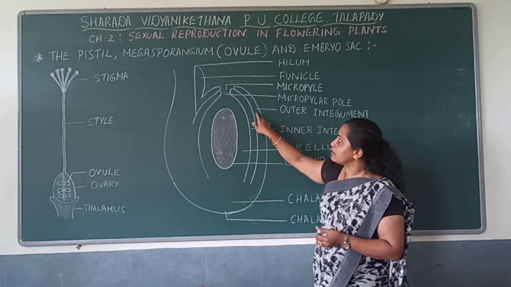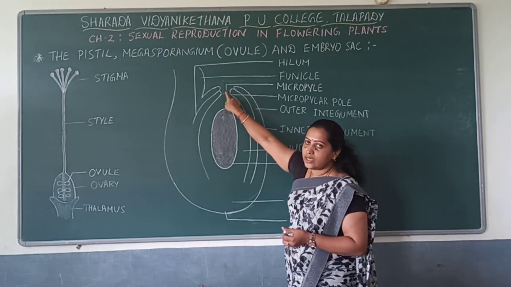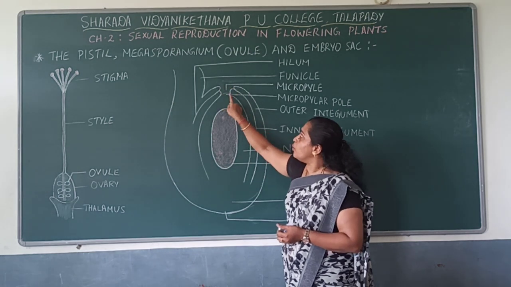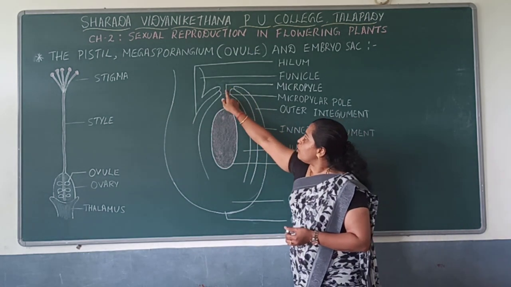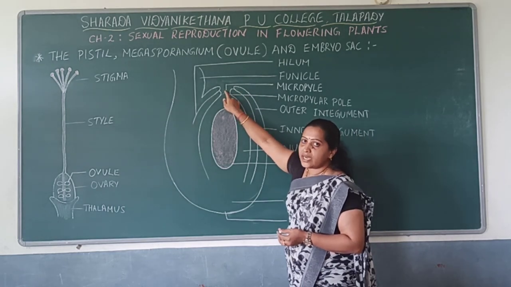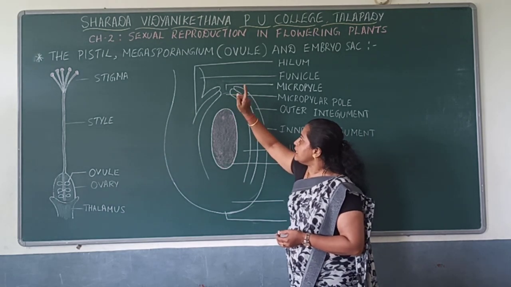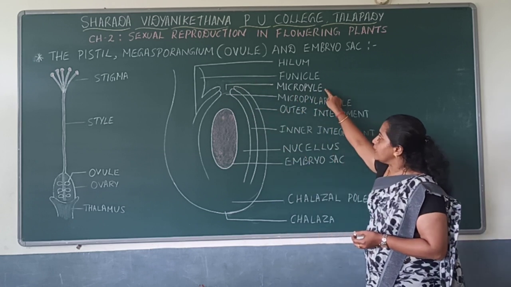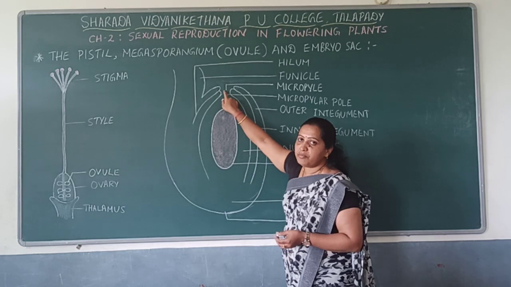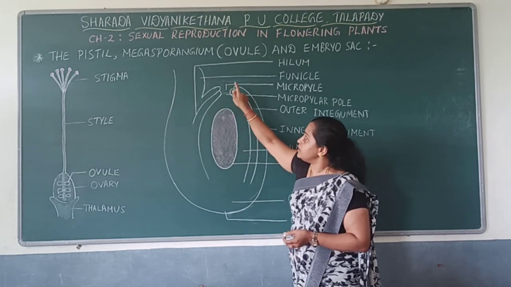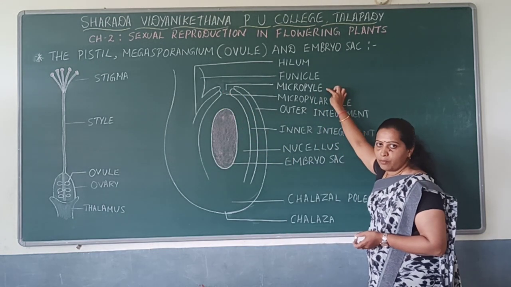At one end, there is a small pore left behind by the integuments. This small pore is known as micropyle.